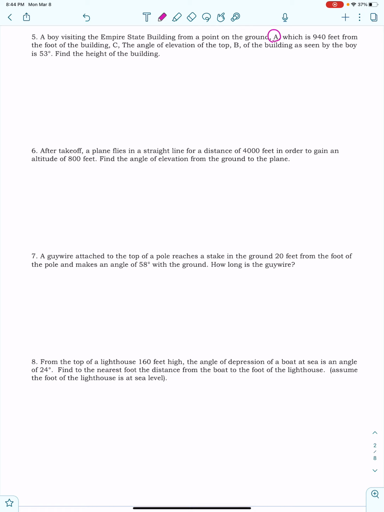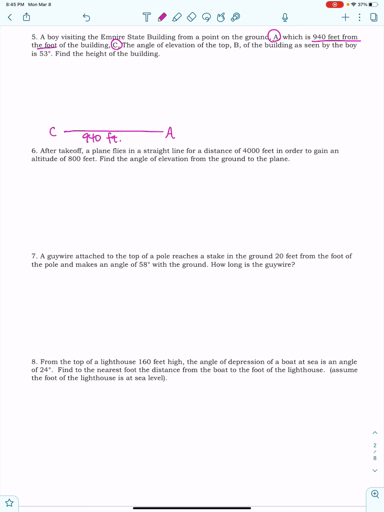So we have a little boy standing at point A, and that is 940 feet from the foot of building C. So obviously the foot of the building, we would have a building over here, and there is going to be 940 feet between the boy and the foot of the building, or the base of the building.